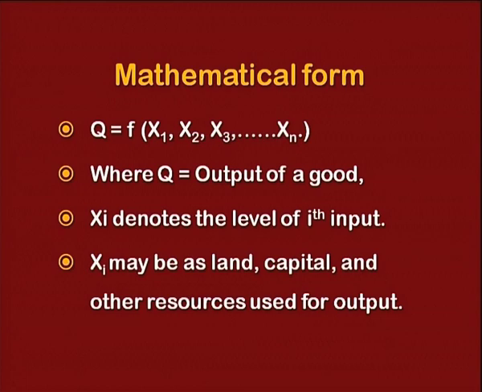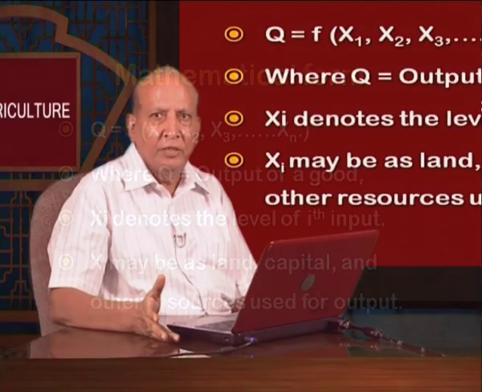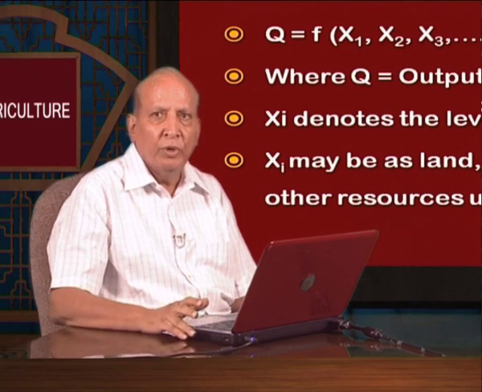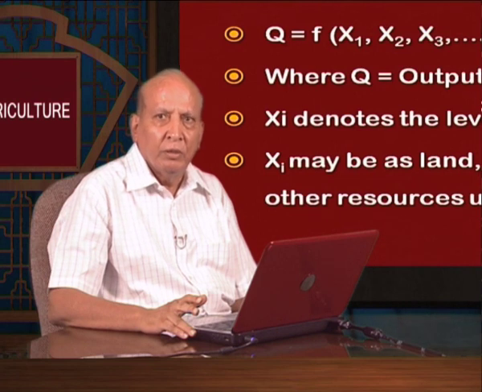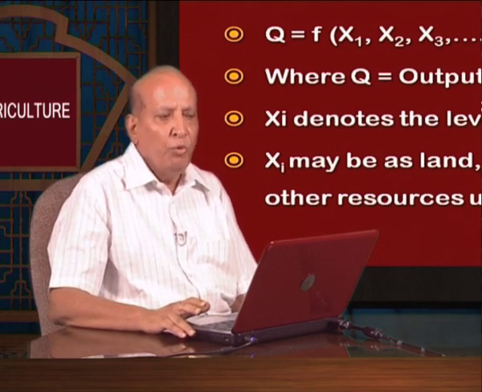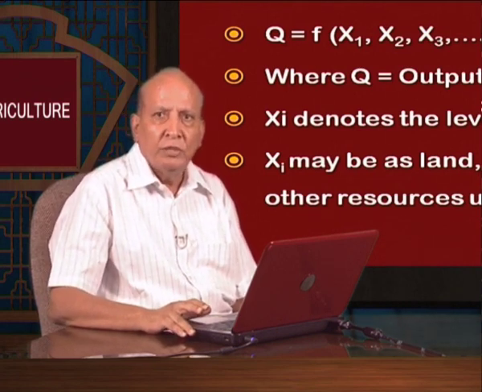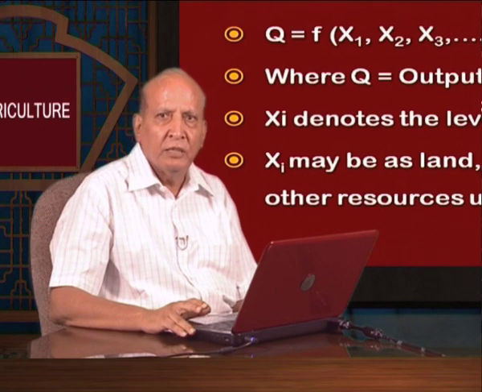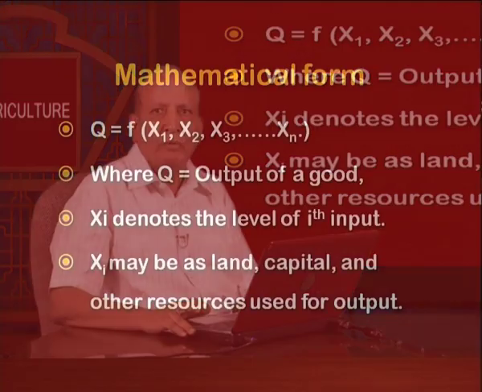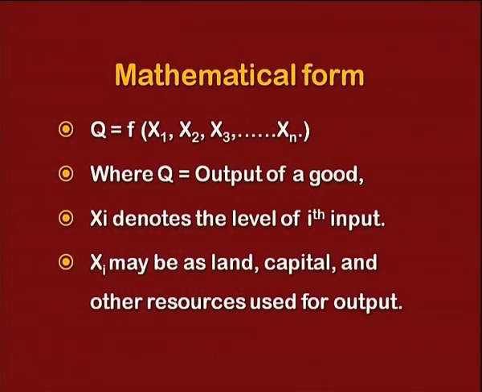If we go for an agriculture production, say crop production of wheat, say Q is the production of wheat per unit or any other unit, then how much resources, inputs, say seed, fertilizer, irrigation, insecticide, pesticides, labor we have used for our production. These x1, x2 represent our inputs.